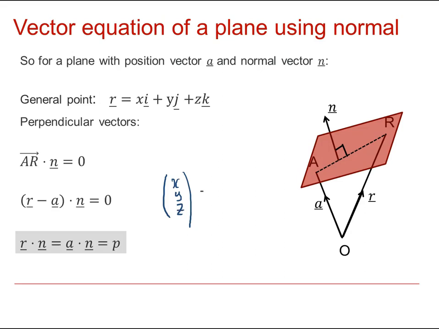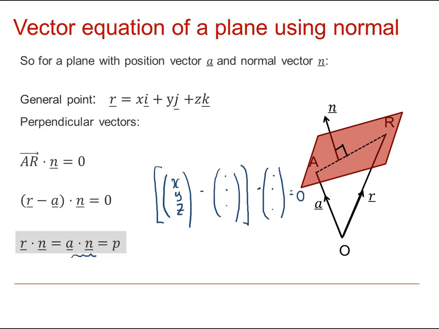A is some known point, so we can write its vector like that. We're taking the dot product of that with a known vector for n, and that's equal to 0. That can be written as R dot n is equal to A dot n equal to P, where P is just the value of the scalar product of the known vector A with the normal.